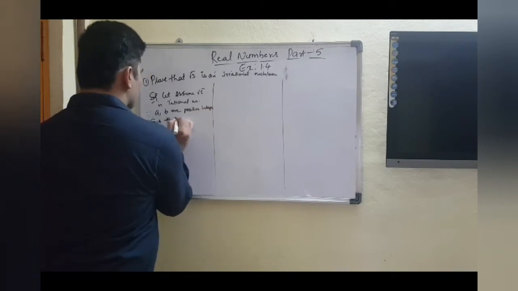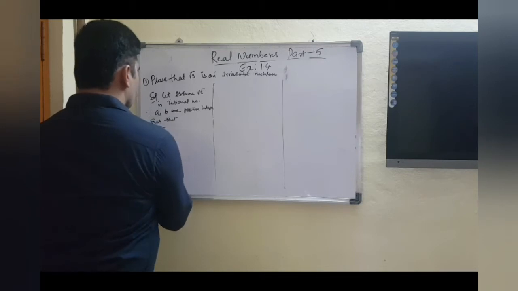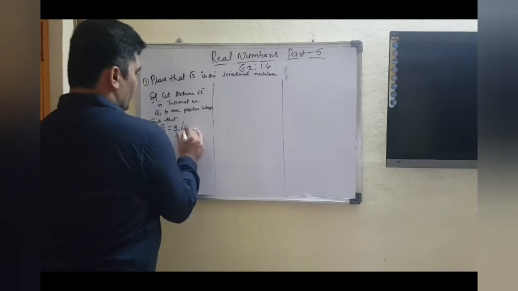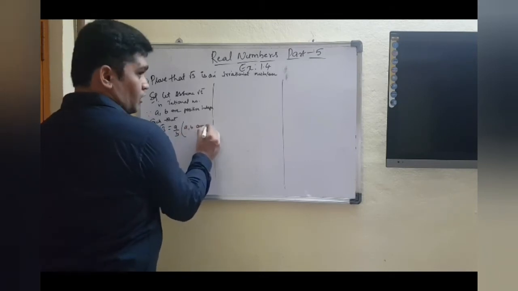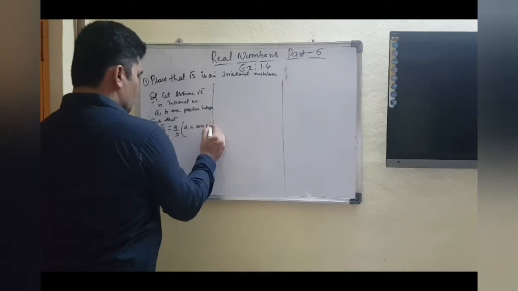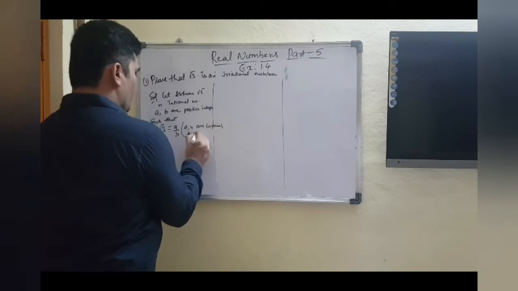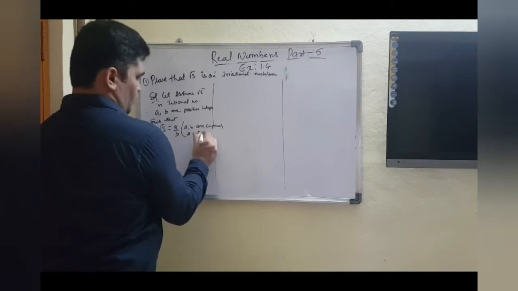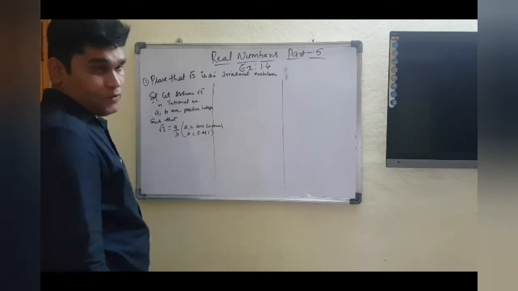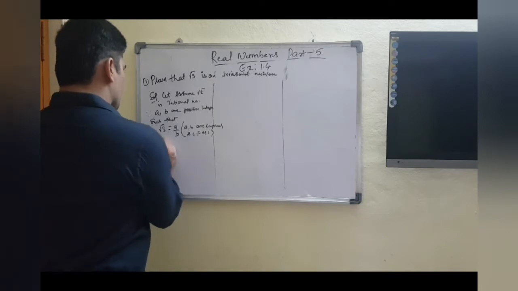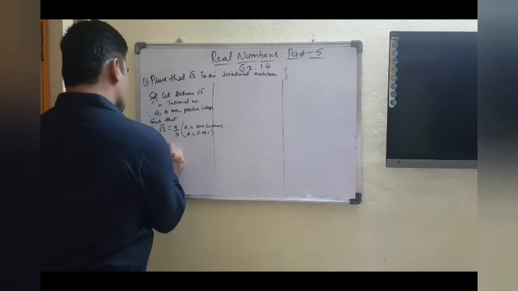such that root 3 is equal to A by B. In the bracket you can write A, B are co-prime having HCF as 1. Okay, same thing, it will be squaring on both sides.